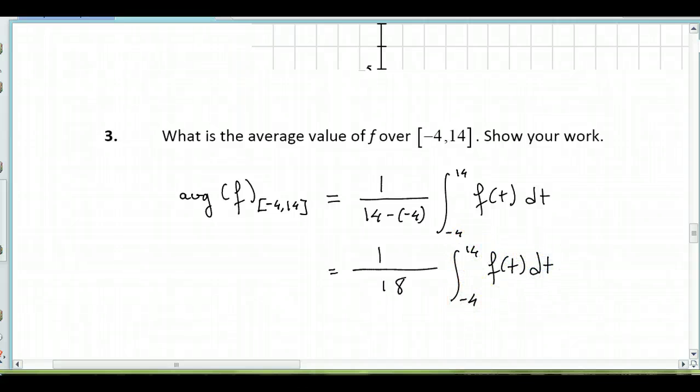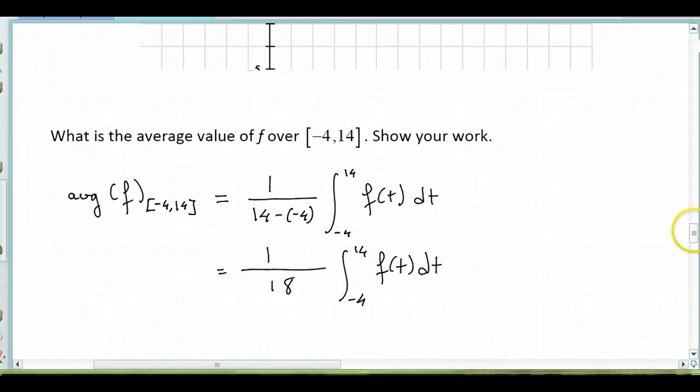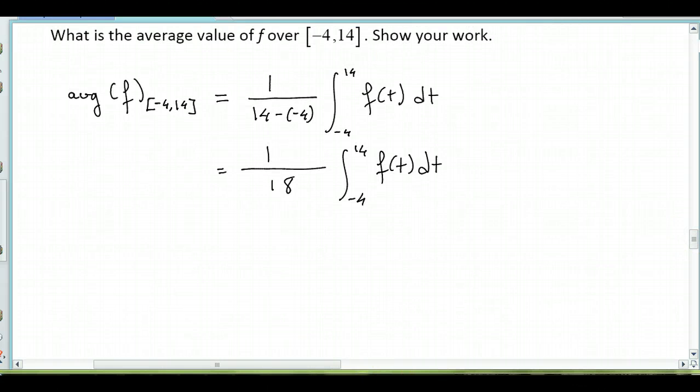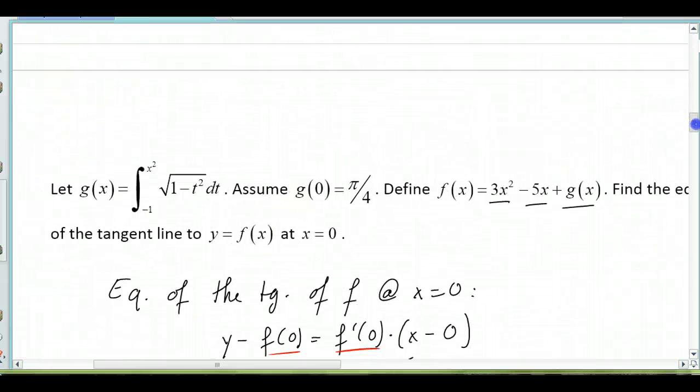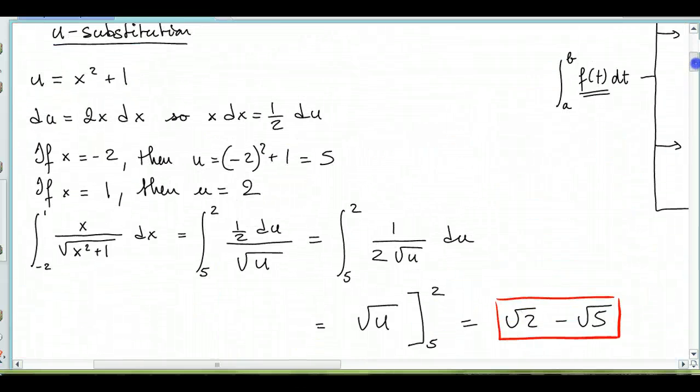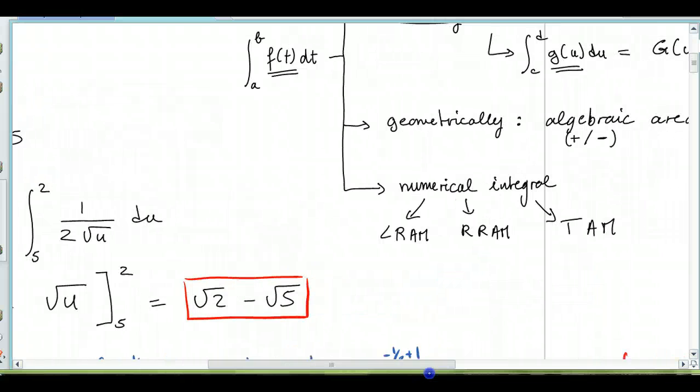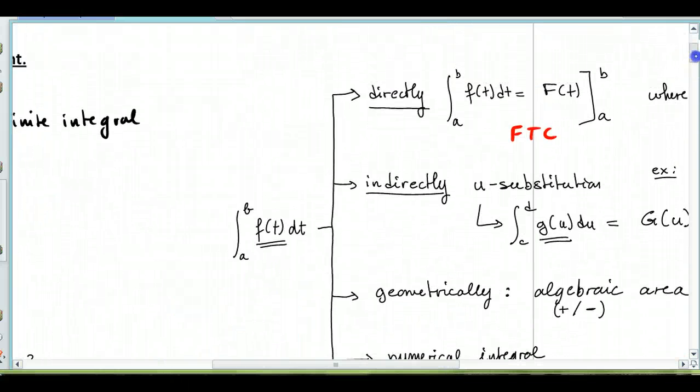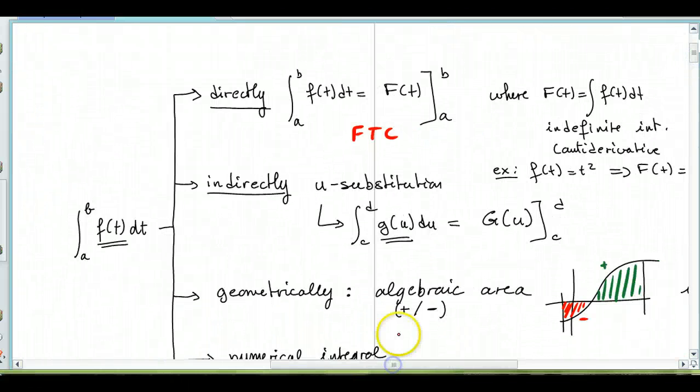Now, what is this piece right here? Well, this is a definite integral. What did we say about definite integrals? We said there are 4 ways to compute them. You can do it directly. Well, I can't, I don't have an expression for f. Indirectly, there's no way I'm going to do a substitution, I don't have an expression for f.